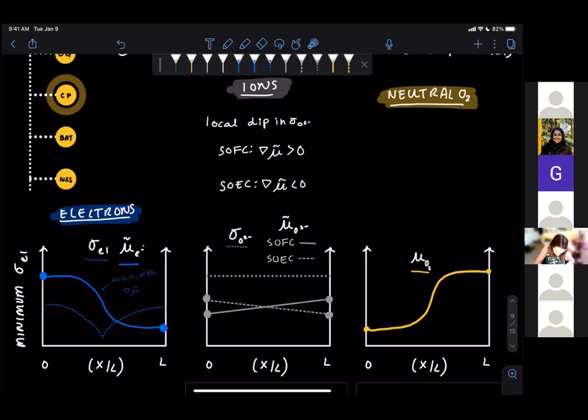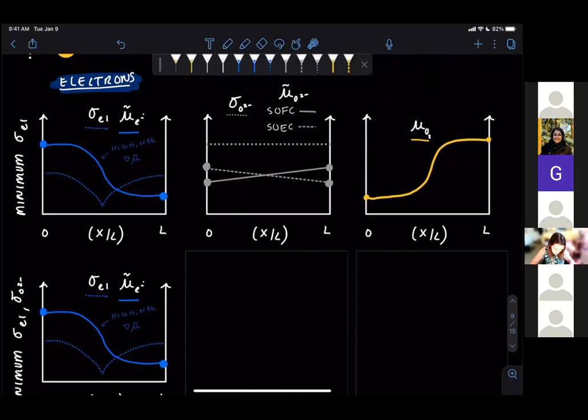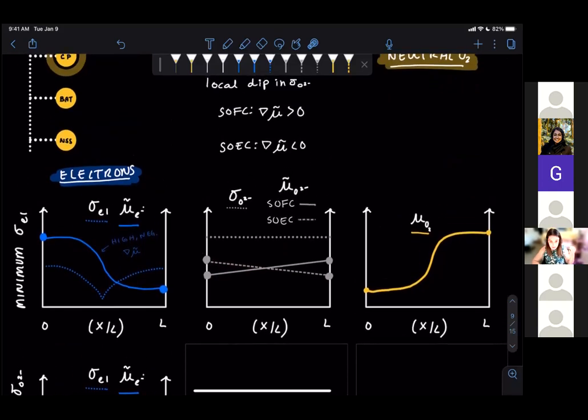We already know this from our previous cases, but we have to think about the local dip in ionic conductivity has to be made up for by a jump or a dip in the electrochemical potential of the ions. So depending on the direction you're flowing, you're going to have these different signs of your chemical potential profile or electrochemical potential profile, and therefore different signs on your current. And so a dip is going to lead to either a sharp jump here or a sharp dip here.